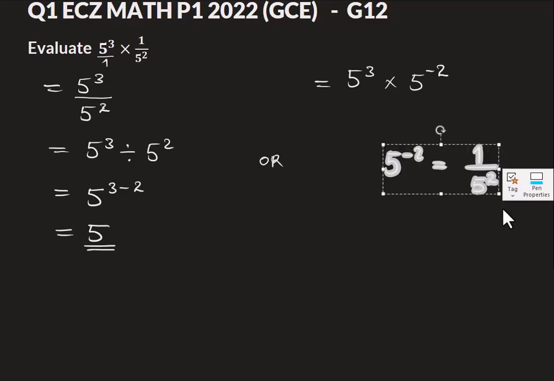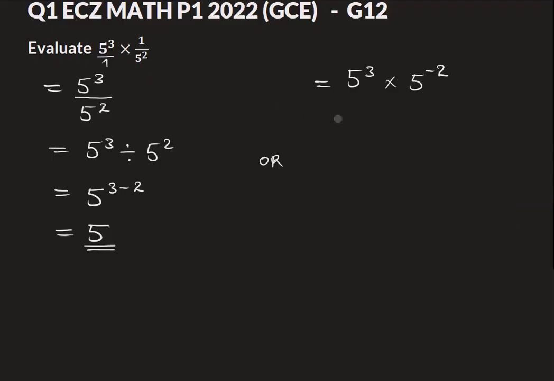So with that information, we can continue and say 5 to the power 3 plus a negative 2. Remember, multiplication has the impact of adding the powers, and I've put it here so that you don't confuse it with our earlier proposed way of solving.